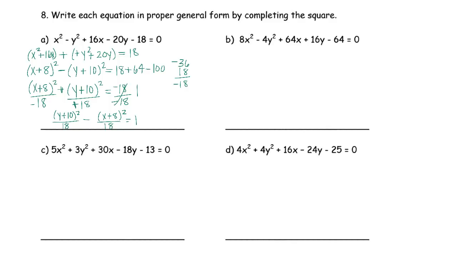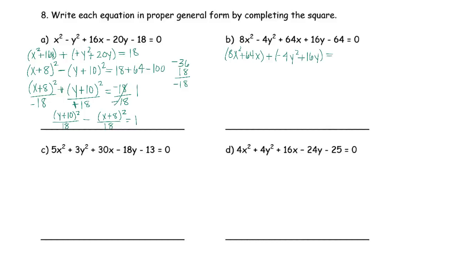All right, so let's move on to part B. We'll follow the same process again. So here, let's group our x values together. So we have 8x squared plus 64x. And then we're going to say plus negative 4y squared plus 16y.